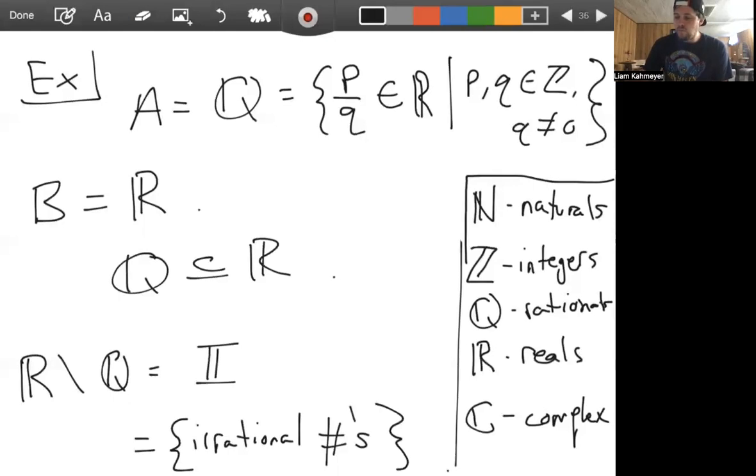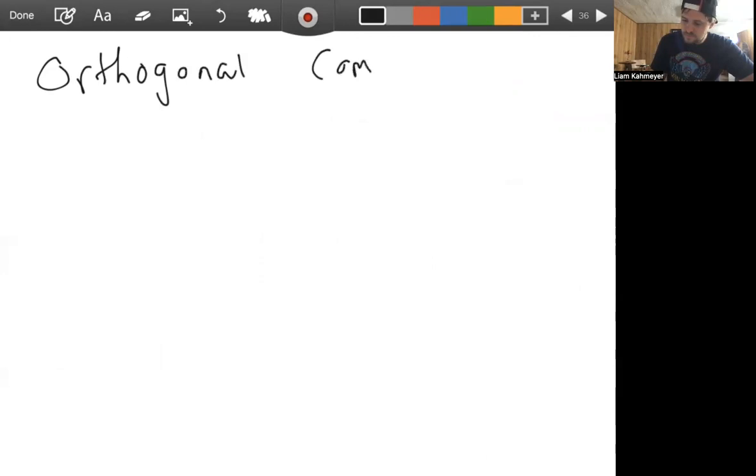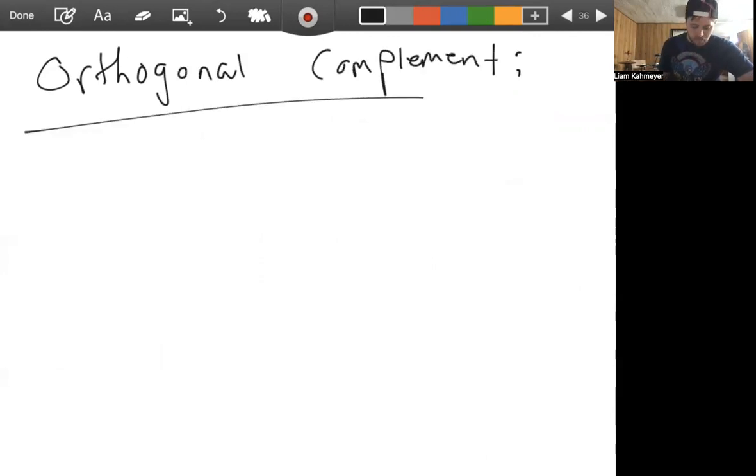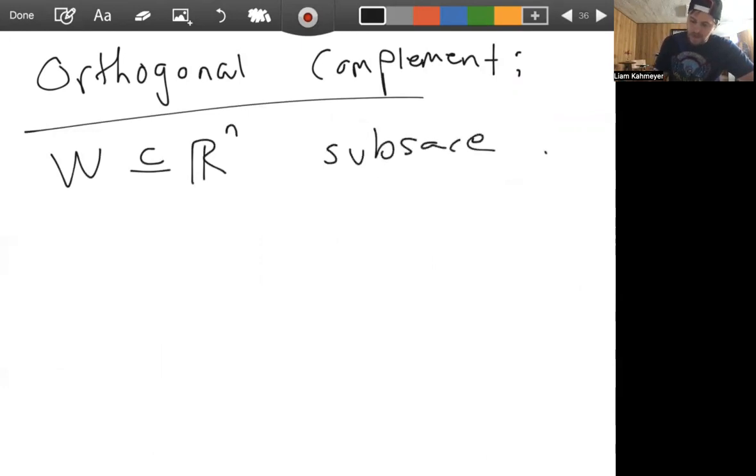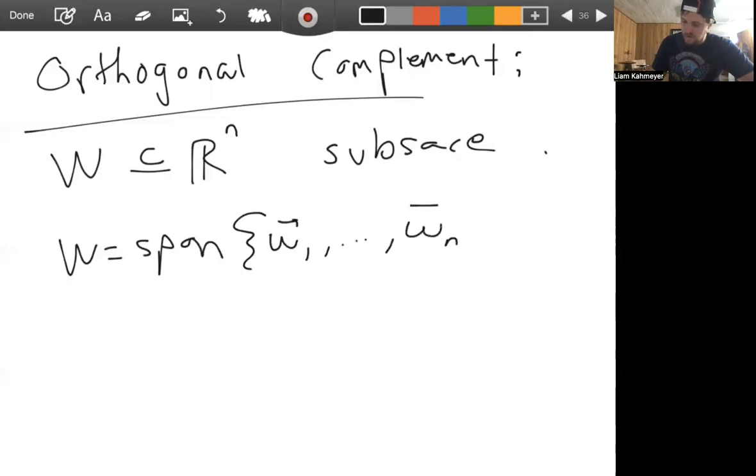Okay. Why this matters, where this came from, is because very quickly I want to talk about the orthogonal complement. Well, let's say W in Rn is a subspace. And let's say W is generated by w1 through wn here, right?